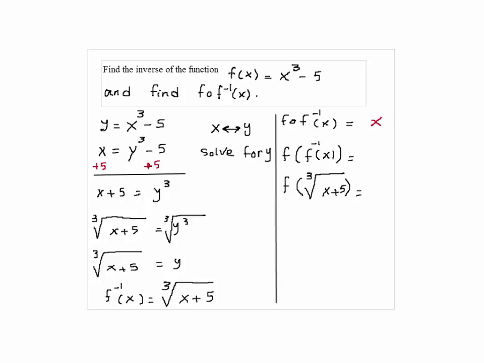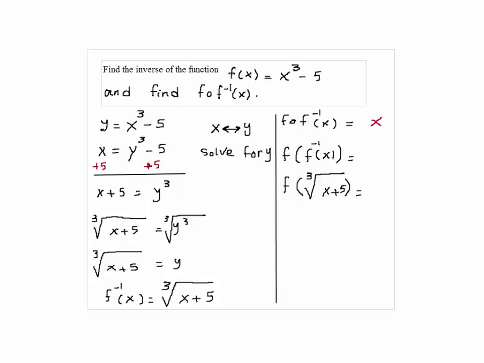Now, if I want to find f of cube root of x plus 5, I have to know what f of x is equal to. Well, here is given to us f of x equal to x cubed minus 5. So f of cube root of x plus 5 would be substituting for each x its corresponding value, which is cube root of x plus 5 in the f function.